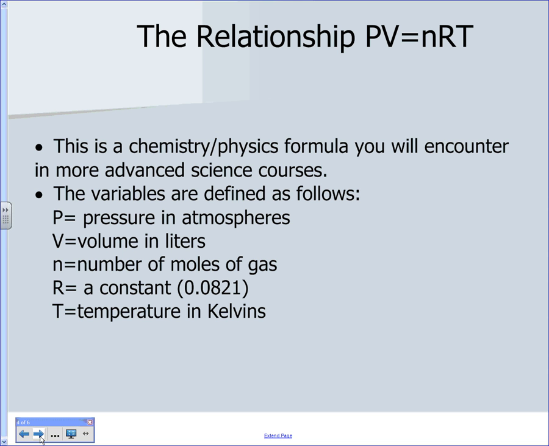R is a constant. It is always 0.0821. You have to learn that number, 0.0821. It will give it to you for the first few problems. Remember, R is this or whatever, but then it'll stop giving it to you.